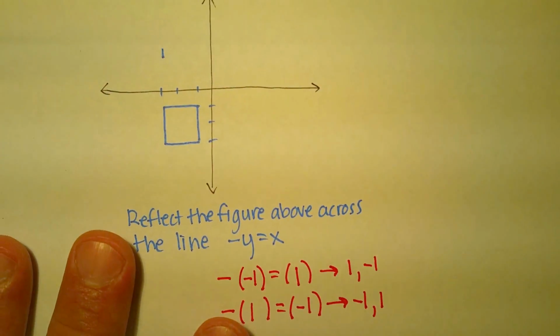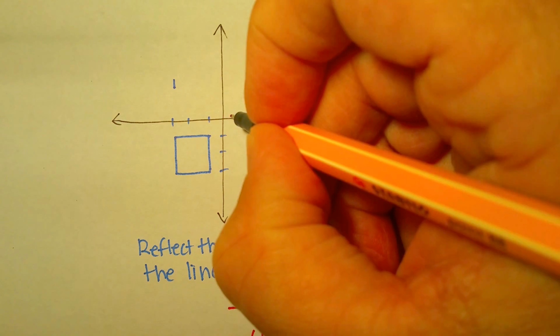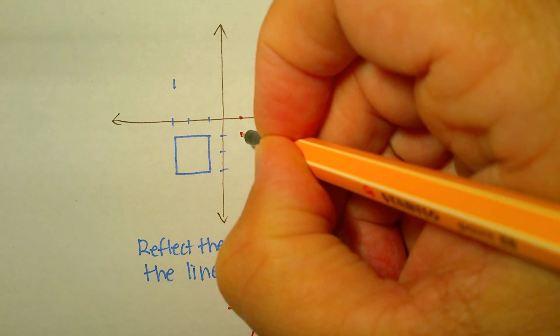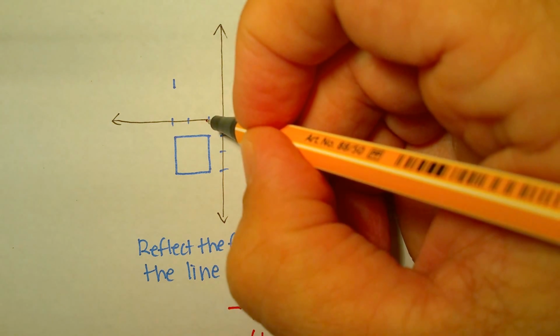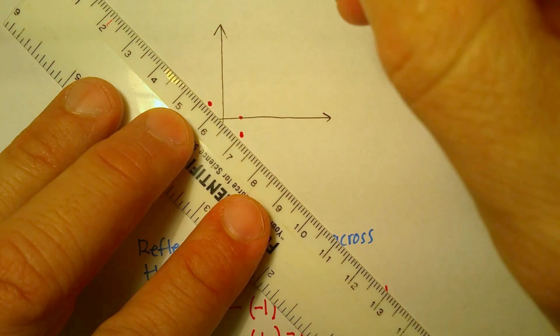Let's go back up here. Let's draw our line of reflection. So 1, negative 1. Negative 1, positive 1. There's my line of reflection.